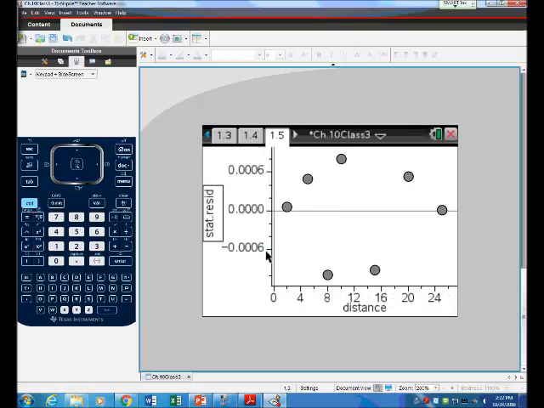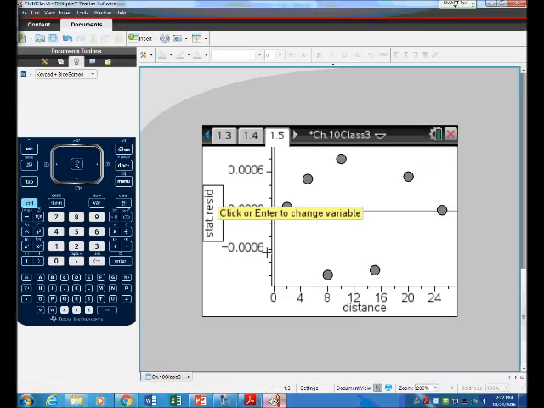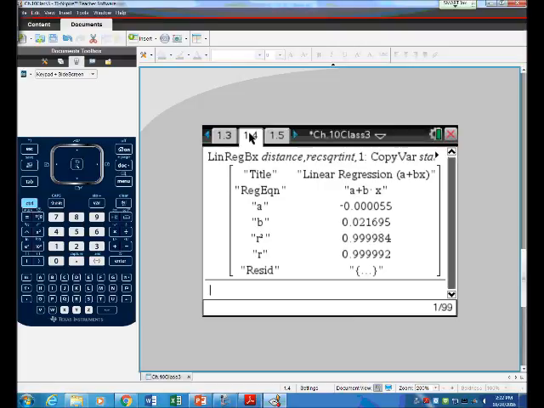So I'm going to show the work for 1 foot. That means I'm going to plug in F1 of 1 and then show how to actually get the candle power, the intensity. All right, so let's do that. F1 of 1 foot. Let's go to the calculator page. F1 of 1 says 0.021639.